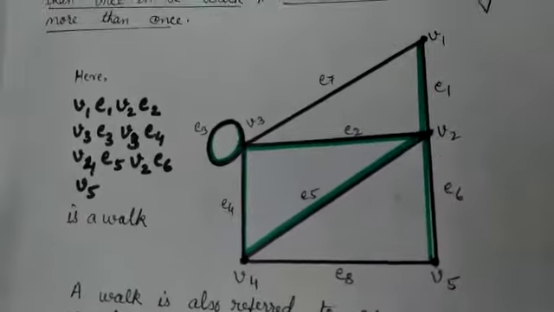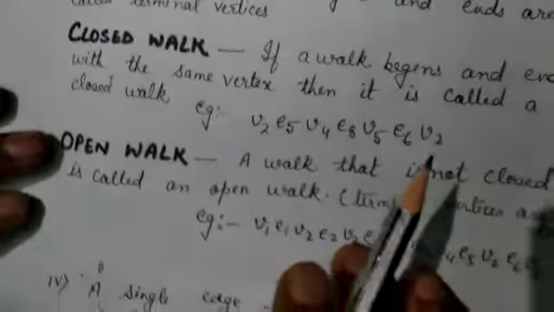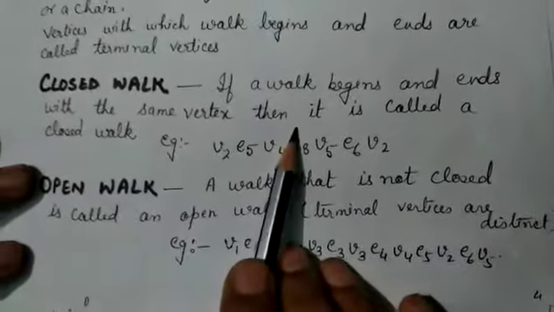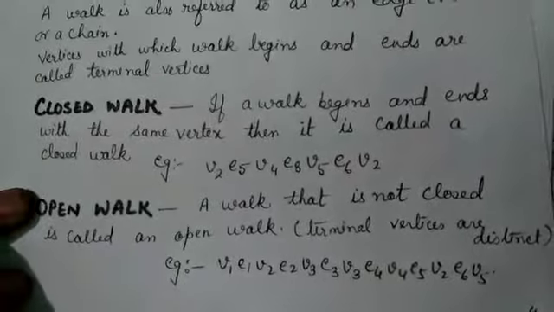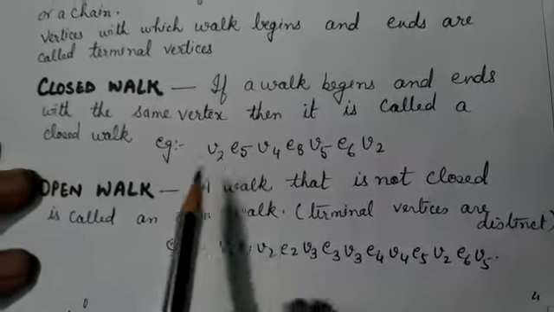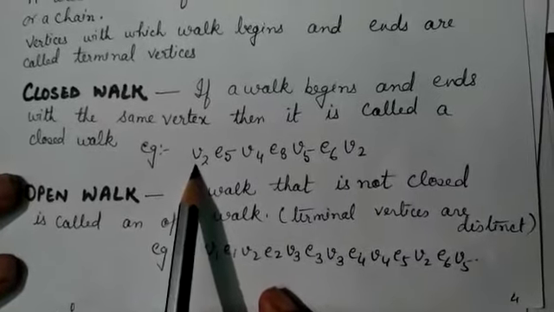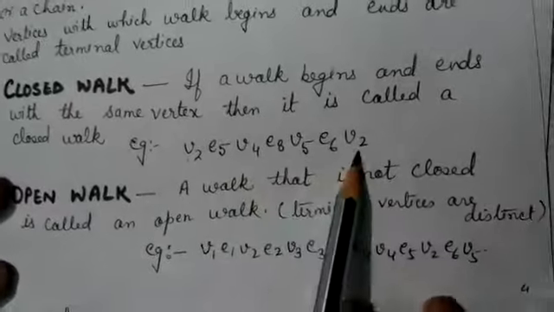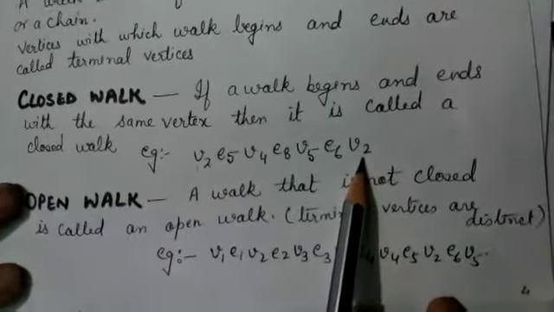Now we have two terms, closed walk and open walk. If the walk begins and ends with the same vertex, then it is called a closed walk. If the walk is starting from vertex V2 and it ends at the vertex V2, then it is a closed walk.